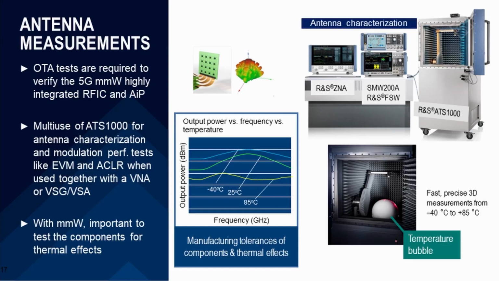So for that, the ATS 1000 chamber can be equipped with a temperature testing option. The white bubble you see there, we call it the temperature bubble, and this temperature bubble is made of Rohacell material, which is transparent to RF, radio frequency, which means your measurement values are not disturbed because of the temperature bubble inside the chamber.